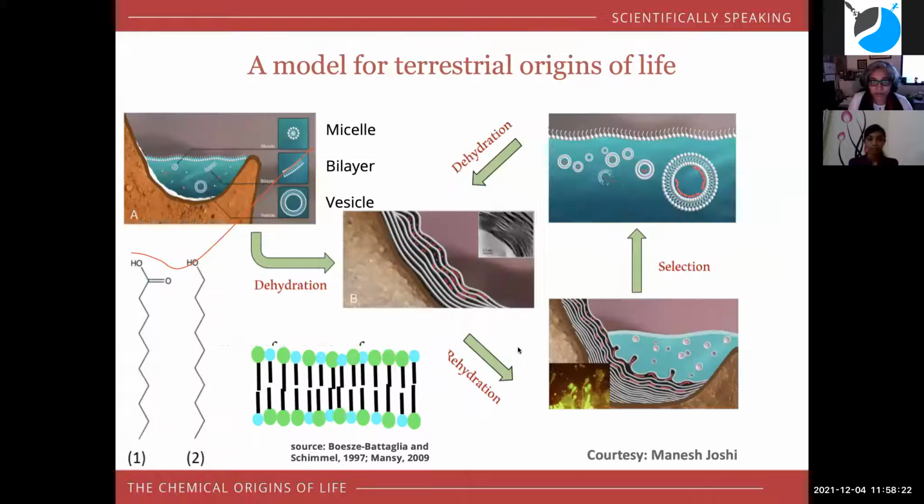Now, given that we have narrowed down on a niche which can support these transitions, what is the kind of existing model that allows us to think about this transition from the prebiotic space to a minimal life space? So if you had monomers pertinent to the formation of the membrane boundary and the genetic material that it encapsulates, all present in the same niche, these settings very readily facilitate geological events called wet-dry cycles.